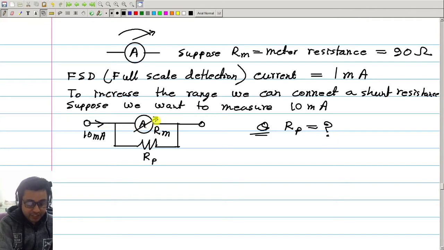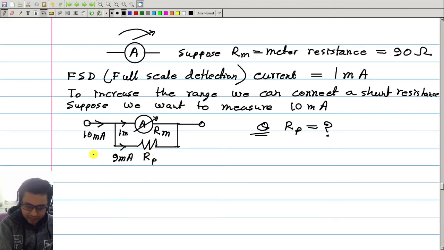And we will get full scale deflection if 1 milliampere current is flowing through the meter. That means the remaining 9 milliampere should flow through the parallel path, the parallel resistance. Then we will get full scale deflection at 10 milliampere. Now we can calculate RP.